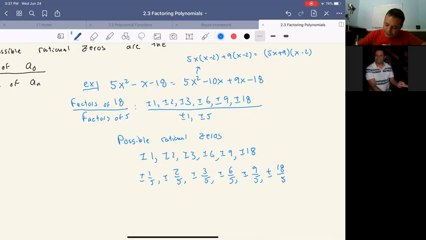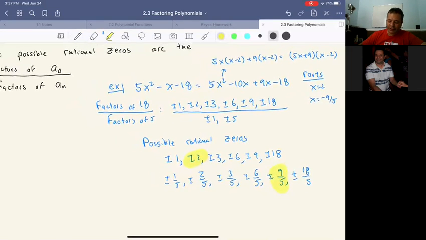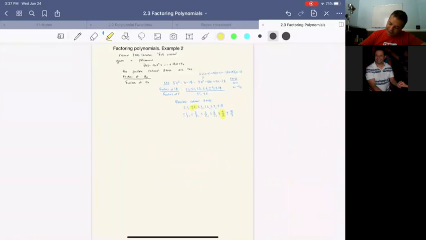So what are our roots here? x equals 2, x equals negative 9/5. 2 was in our list, 9/5 was in our list. I just wanted you to see that played out. All right, let's do an example.